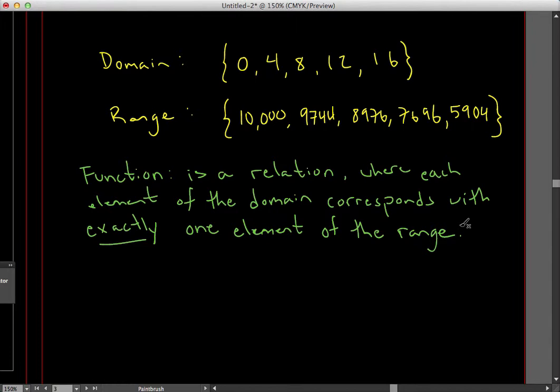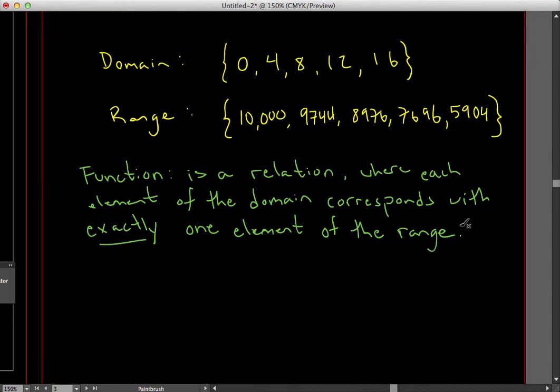All right. Now, this is very important in the sense of what I was explaining in the last lesson, about how one member of the domain can correspond to multiple values in the range. Well, that can happen, but in that case, if we were to graph those inputs and outputs, it wouldn't describe a function, because a function is a relation where each element of the domain corresponds with exactly one element of the range.